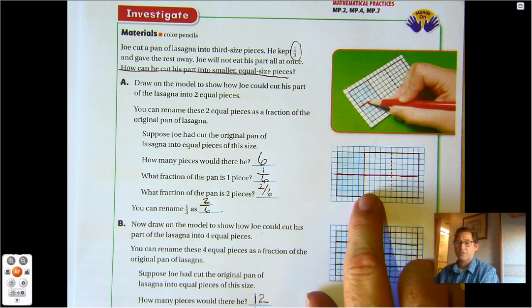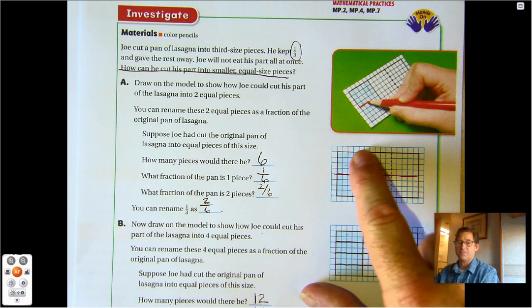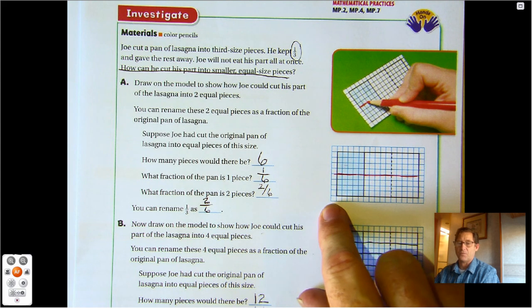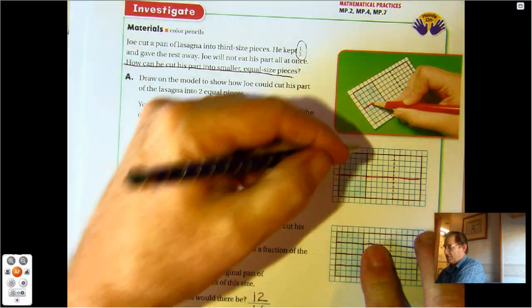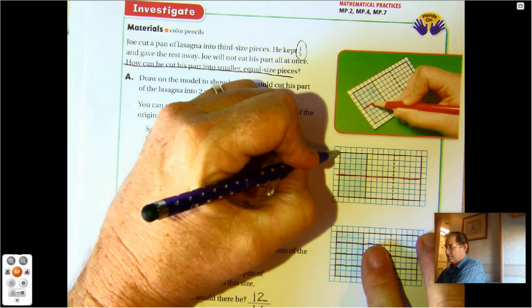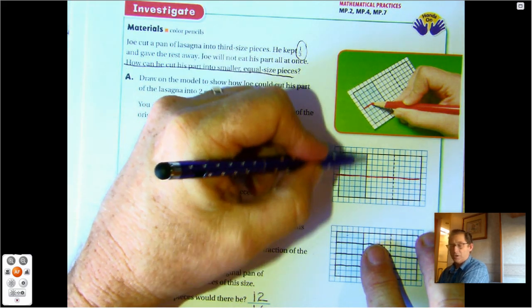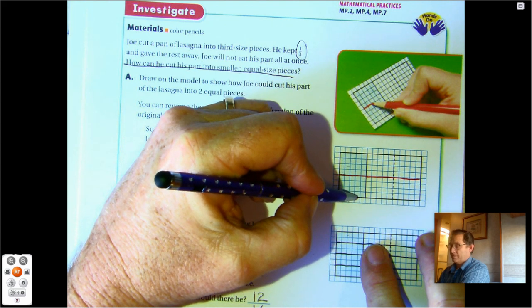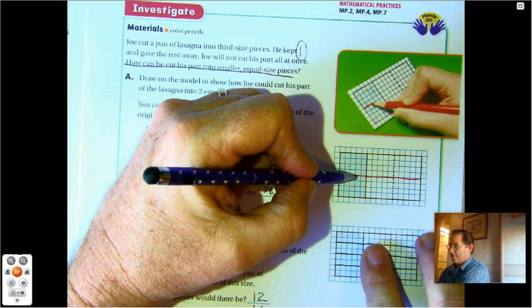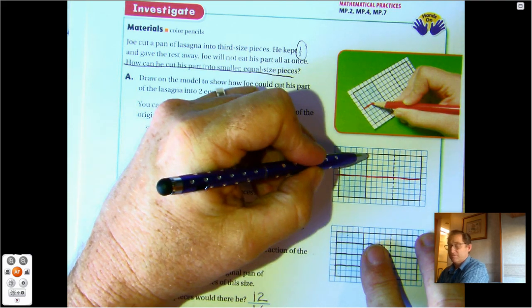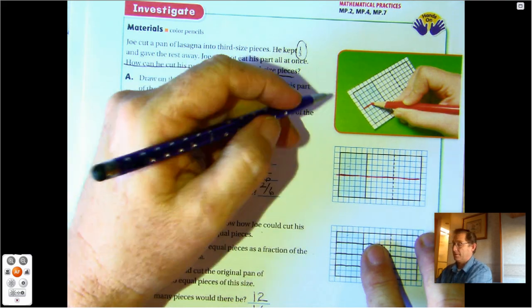Well, the number of parts, we have twice as many parts. The size of the parts decreased. Originally, this whole piece was my 1/3. Now I have smaller pieces. I have the same amount, but the pieces itself are smaller.